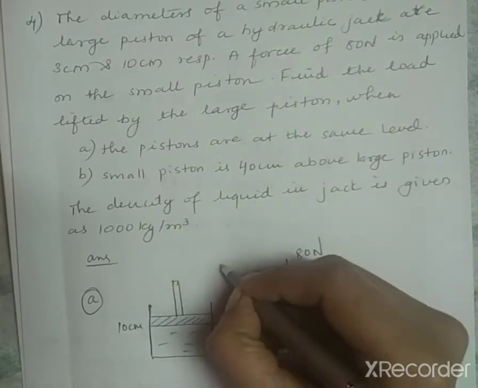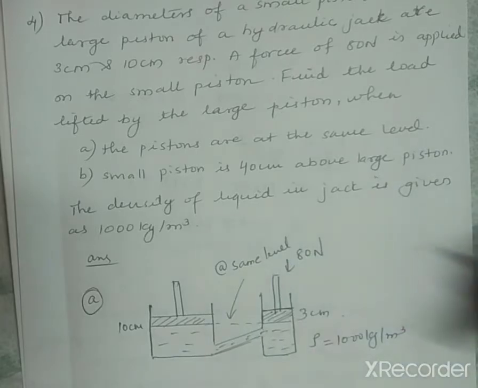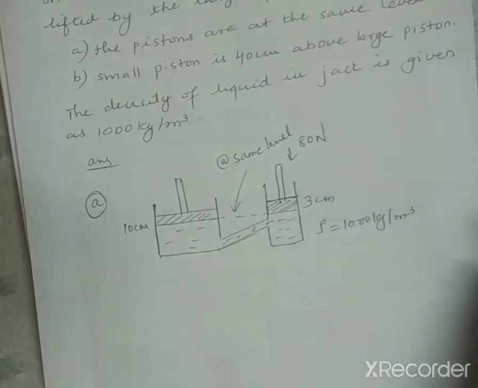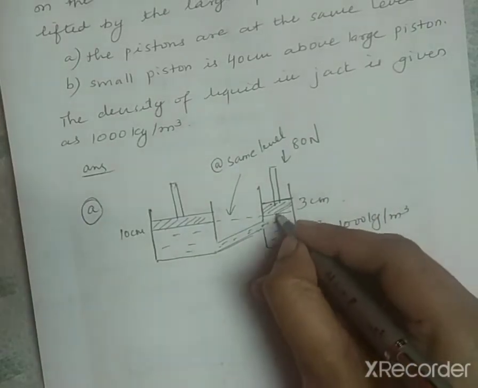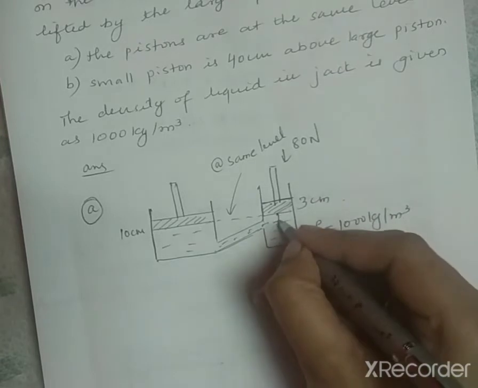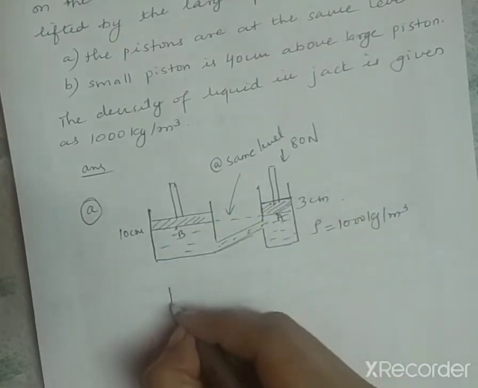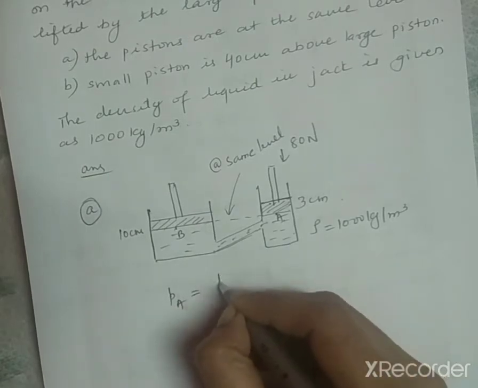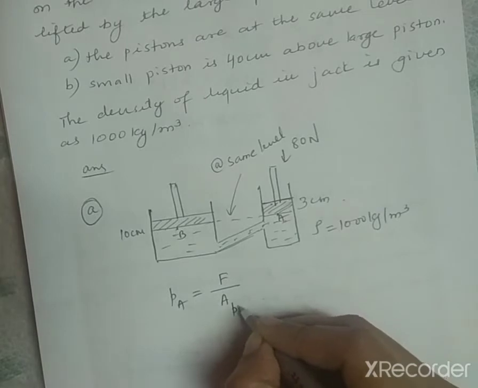They are at the same level. So it is the same as the hydraulic press question. So the pressure intensity at this point can be found out. Let this be A, let this be B. So the pressure intensity at A can be found out as force by area at the plunger, so at the smaller piston.